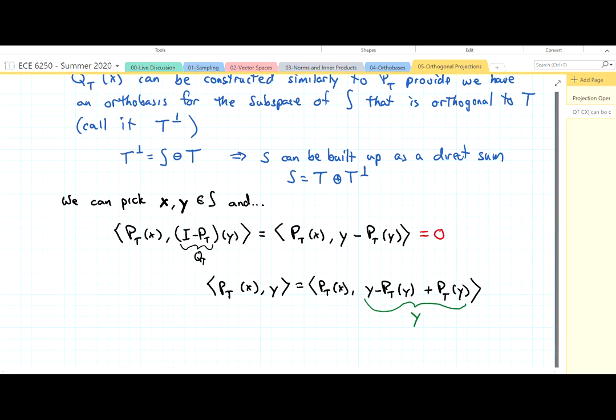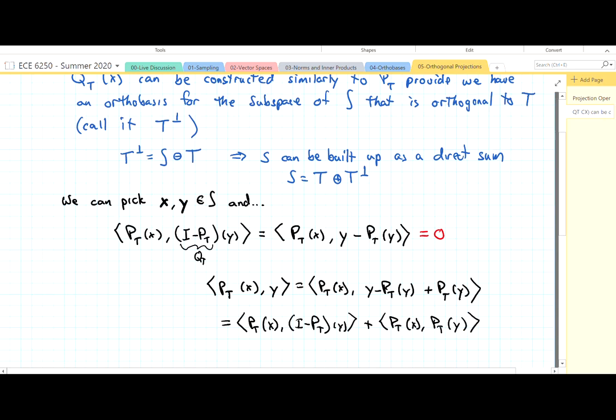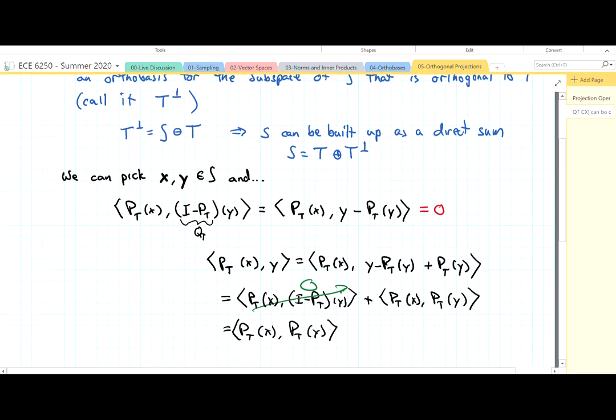But we can break this apart. And that's going to be equal to Pt of x with I minus Pt of y, plus, and I didn't give myself enough room there, Pt of x with the projection onto T of y, and we've already shown that that's equal to 0, and so we now get that's equal to Pt of x with the orthogonal projection of y onto T.